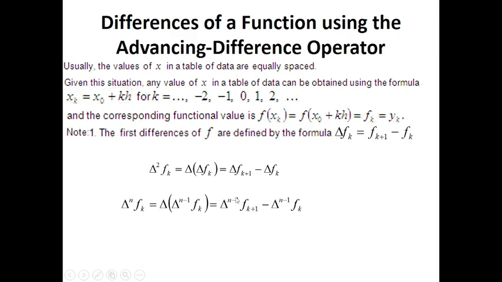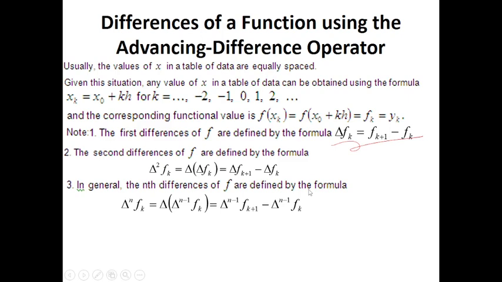So note that the first differences of f are defined by the formula: delta f sub k equals f sub k plus 1 minus f sub k. The second differences of f are defined by the formula: delta squared f sub k equals delta of delta f sub k equals delta f sub k plus 1 minus delta f sub k.